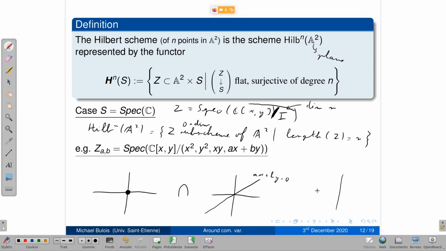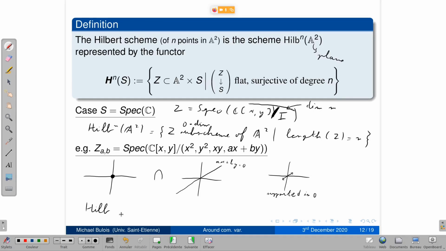What you get is something which is supported at 0. There is only one point in this subscheme, supported at 0, and it remembers the direction of this affine line.